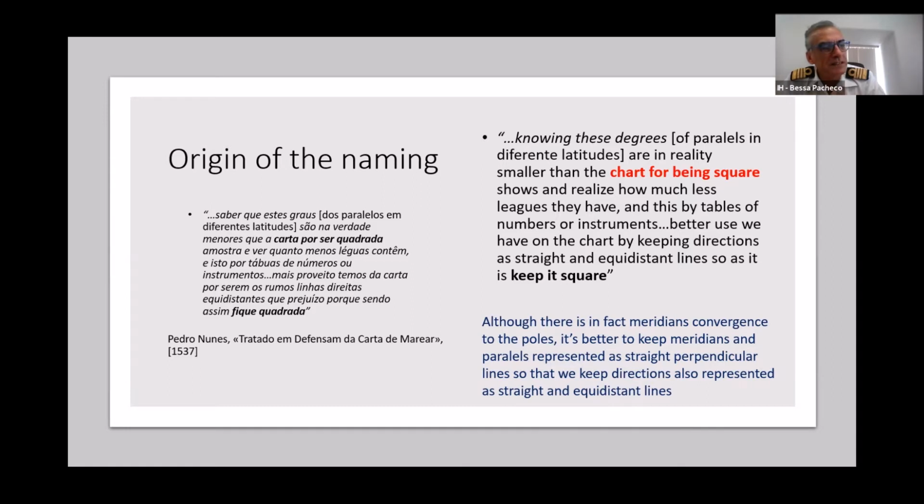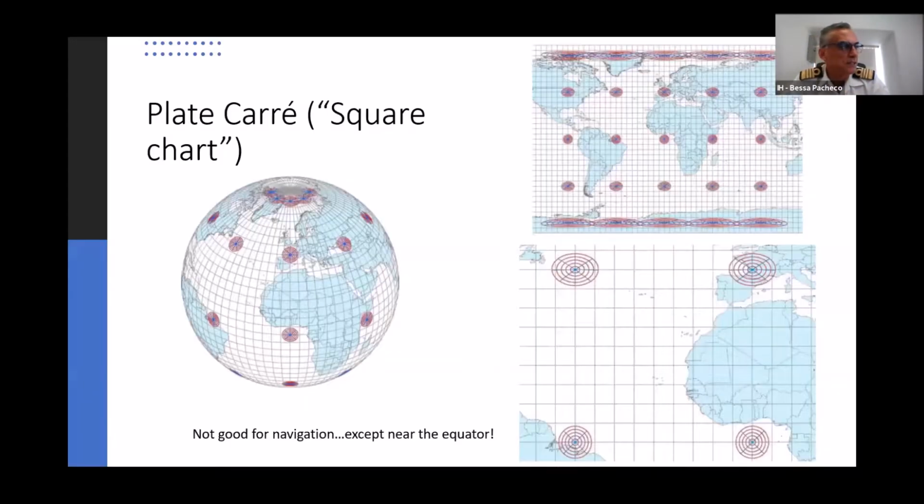Although there is in fact meridian convergence to the pole, it's better to keep meridians and parallels represented as straight perpendicular lines so that we keep directions also represented as straight and equidistant lines. And the reason is because we sailors do our planning much better if we can use straight lines for setting the course and then to make it happen at sea. This is the main reason.